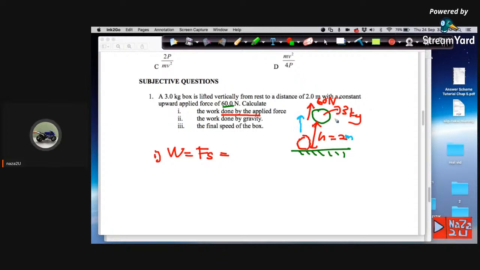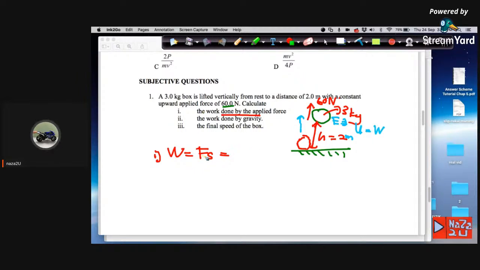So meaning at the position here, the object have a energy or potential energy, U, gravitational potential energy, that you can relate to the work done or W, okay, work done to the object from the ground surface to the height 2 meter.